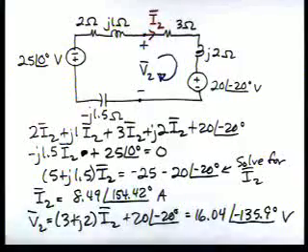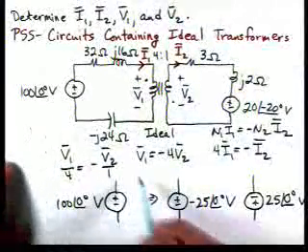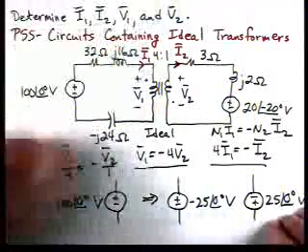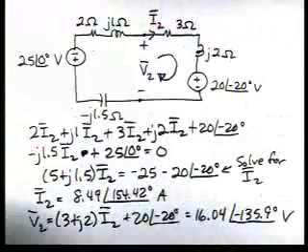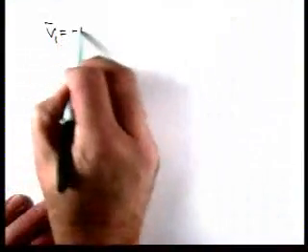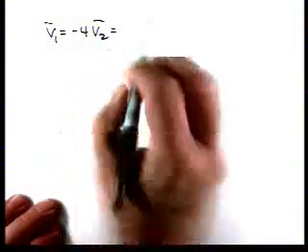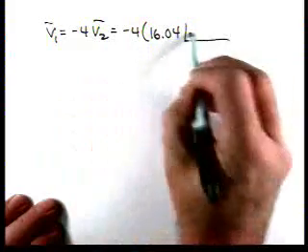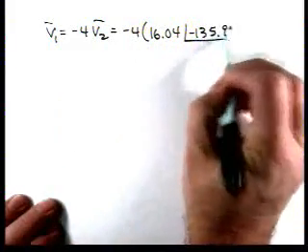Now we can go back to these relationships to calculate V1 and I1. So for instance, V1 is minus 4 V2. So we have minus 4 times 16.04 at an angle of minus 135.9.